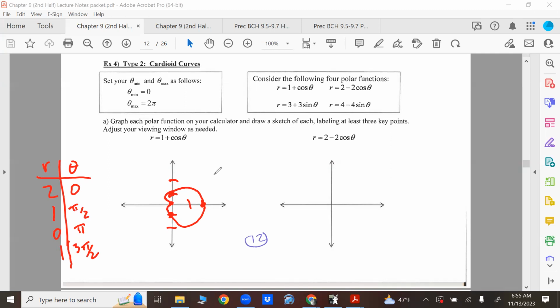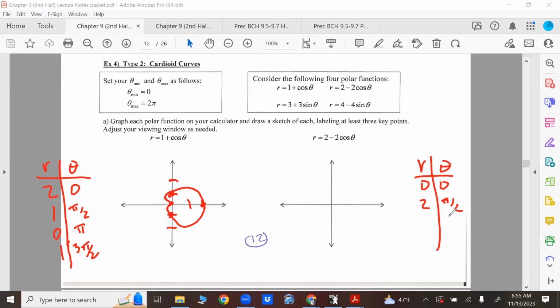Now, for the other one, I'll avoid doing the calculator just in the interest of time. But again, if I make a quick table here, if I plug in 0, actually, is that right? No, I get 0. If I plug in pi over 2, I do get 2.